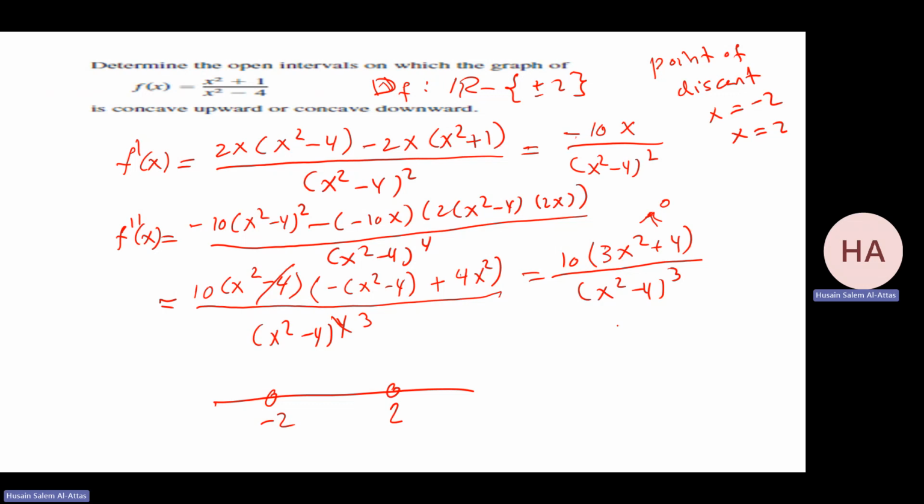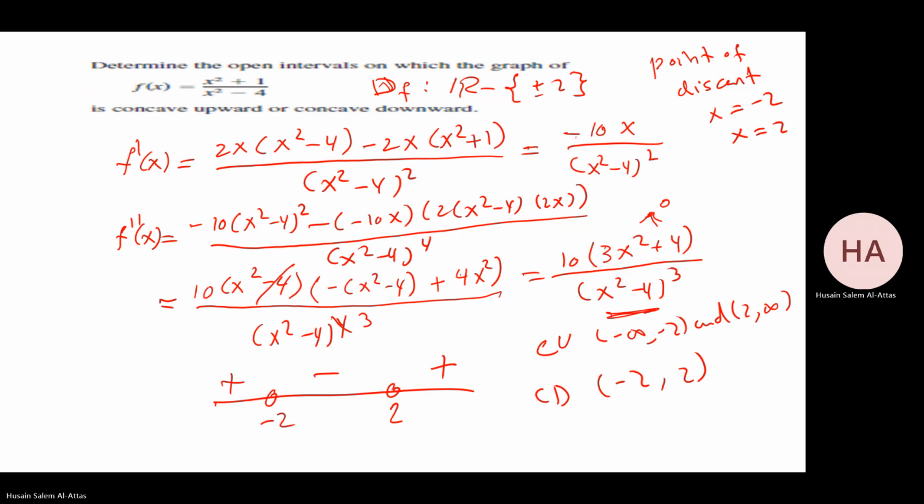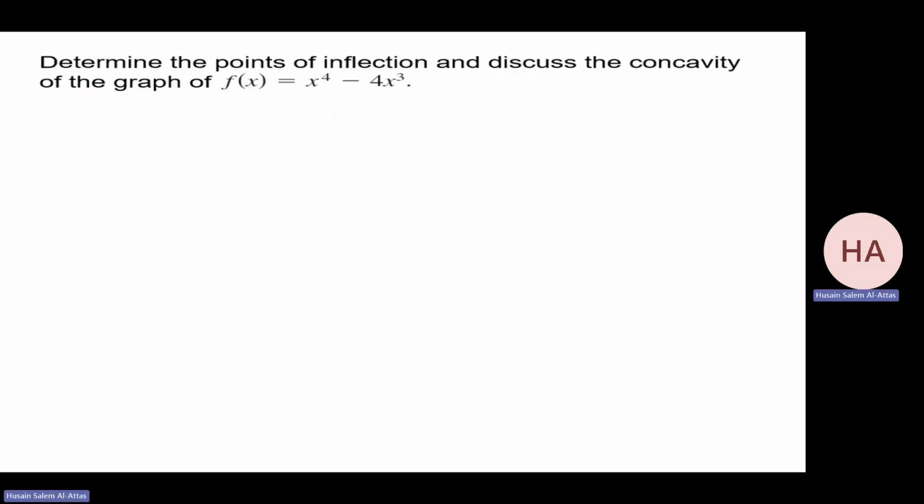Check the sign. This is always positive. This is what will make the effect. And if I take minus 3, it will be positive, negative, positive. So it's concave up from minus infinity to minus 2, and from 2 to infinity. Concave down from minus 2 to 2. Okay, we'll do more problems.